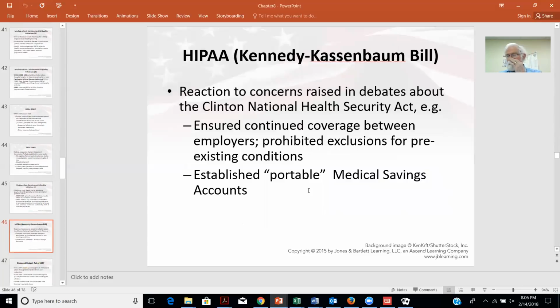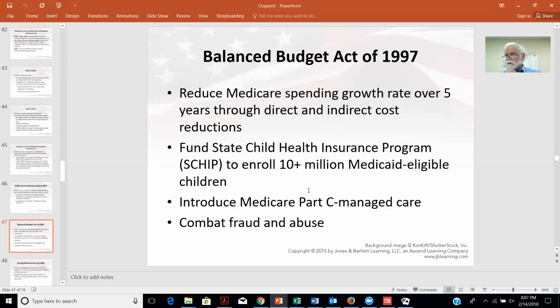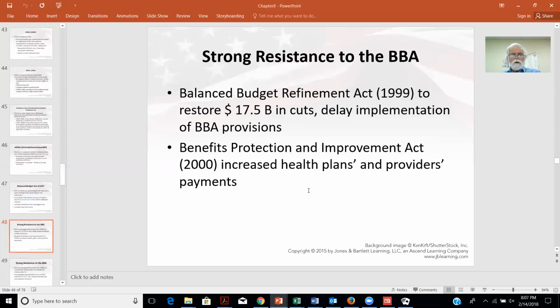During the debate during the Clinton years about their National Health Security Act, a number of things got established still. The medical savings accounts, MSAs, appeared so that you could put away money on a tax-free basis and take it out and use it for your medical care. There were a number of other attempts to fund children's health, the Child Health Insurance Program, CHIP, and reduce Medicare spending growth rate through cost reductions, both direct and indirect, and efforts to combat fraud.